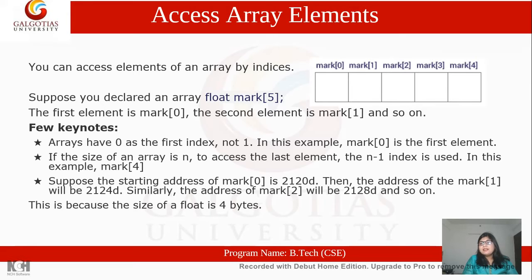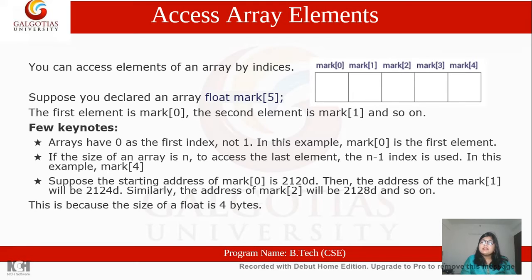Suppose you declare an array with a float data type, the array name is mark, and we have declared the size as 5. Now you can see in the slide the pictorial formation of this particular array. We'll be having 5 consecutive or continuous blocks, each of equal size and capable of holding a float data element.